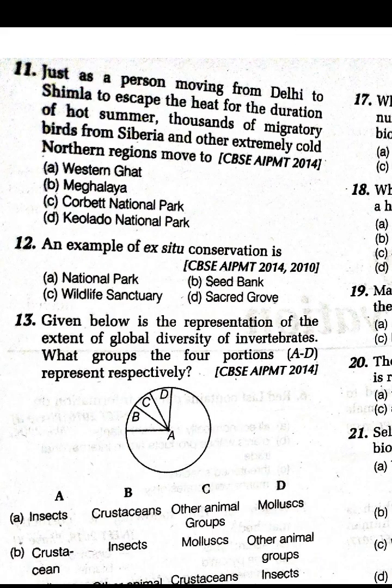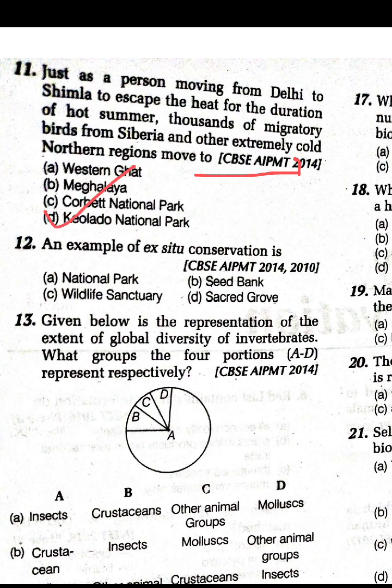Next one is, just as a person moves from Delhi to Shimla to escape the heat for the duration of hot summer, thousands of migratory birds from Siberia and other extremely cold northern regions move to the Keoladeo National Park.